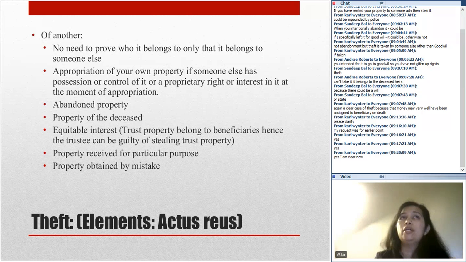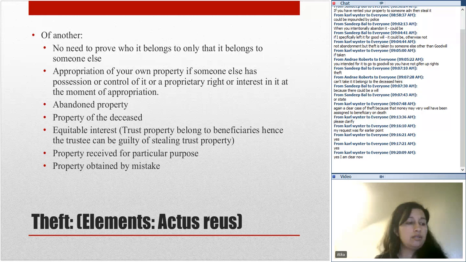If tomorrow there is a new situation, they're going to add another clause to that section and make it a new pointer if necessary. Okay. Moving on, property received for a particular purpose, we already discussed it. Property obtained by mistake.